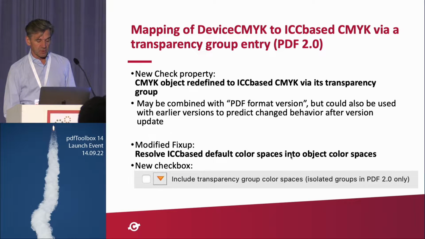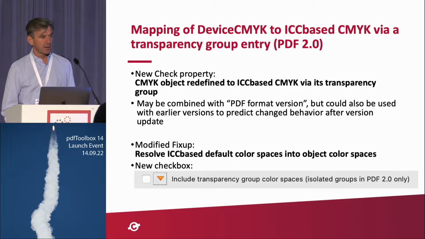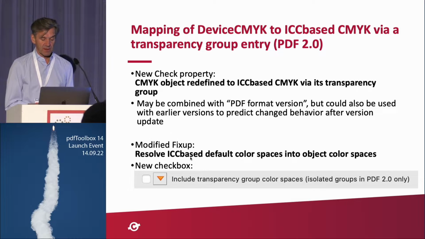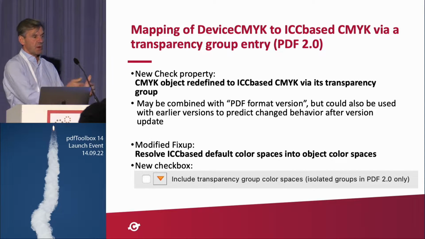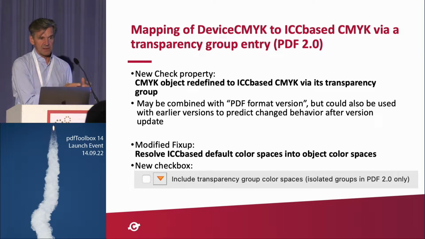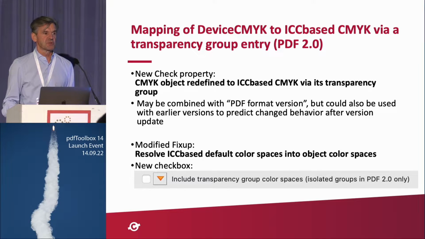And if you want to establish that mechanism yourself already in an earlier version of PDF, you could use a Fixup that you already have in pdfToolbox 13, resolve ICC-based default color spaces into object color spaces, which would then take the ICC profile out of the transparency group and tag all objects in the transparency group directly.